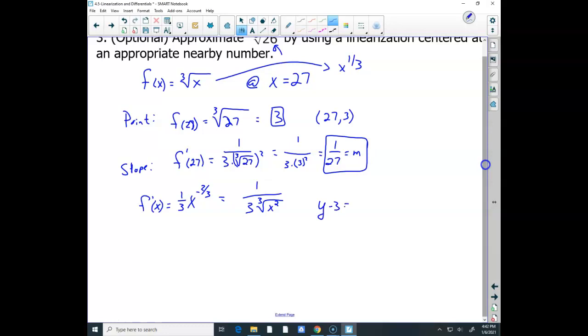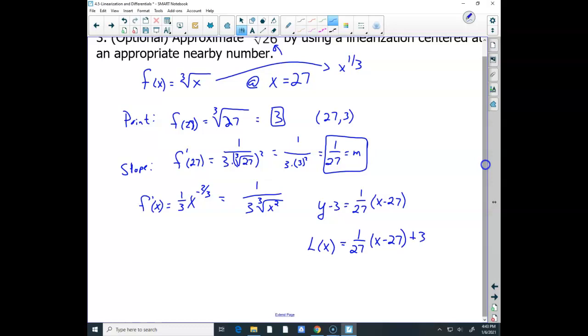y minus 3 is 1/27 times x minus 27. So I would say my linearization model is going to look like this, plus 3.